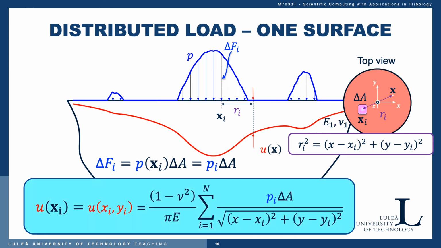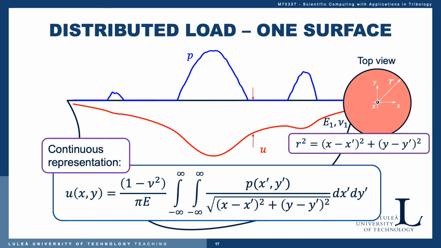Now this is a discrete representation, and we all realize that if we make these delta A small enough, then we probably can approach the continuous form, which looks like this.